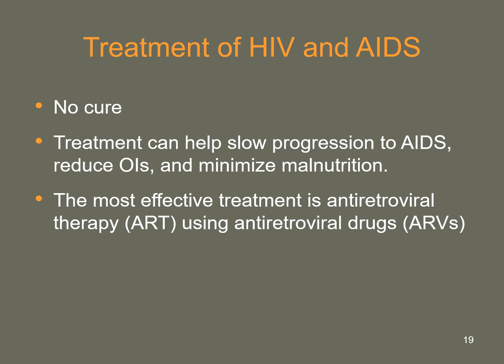So it reduces opportunistic infections and minimizes malnutrition, because as we said, when HIV is replicating, it needs more energy, which causes malnutrition in a patient. But if one is on treatment, then it will minimize the malnutrition. The patient will not be prone to malnutrition.